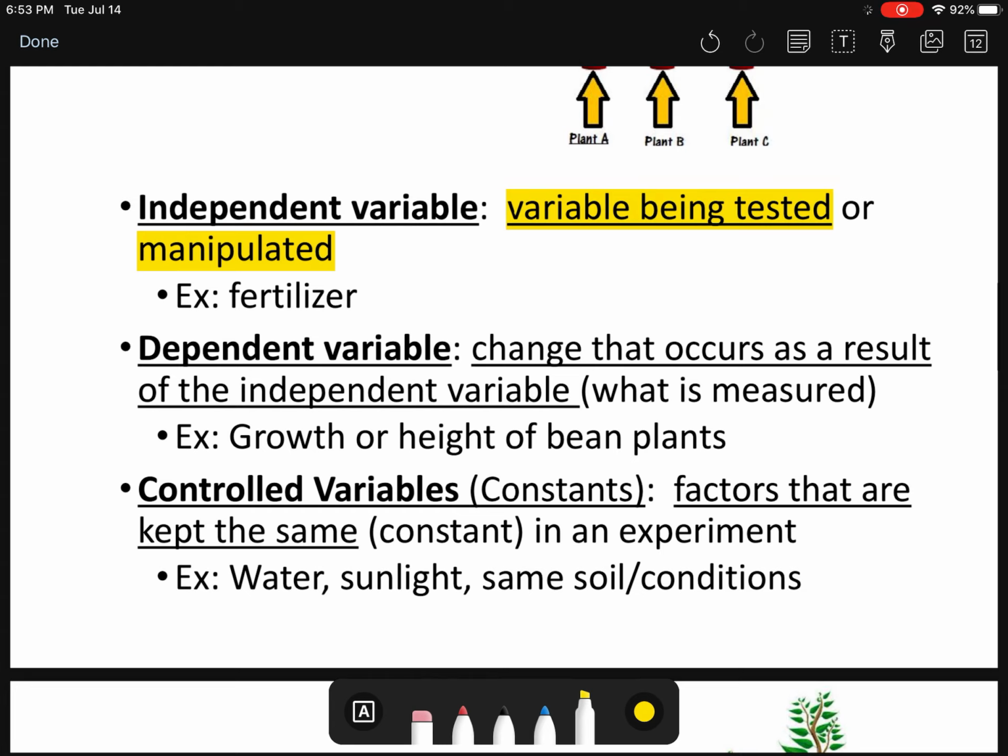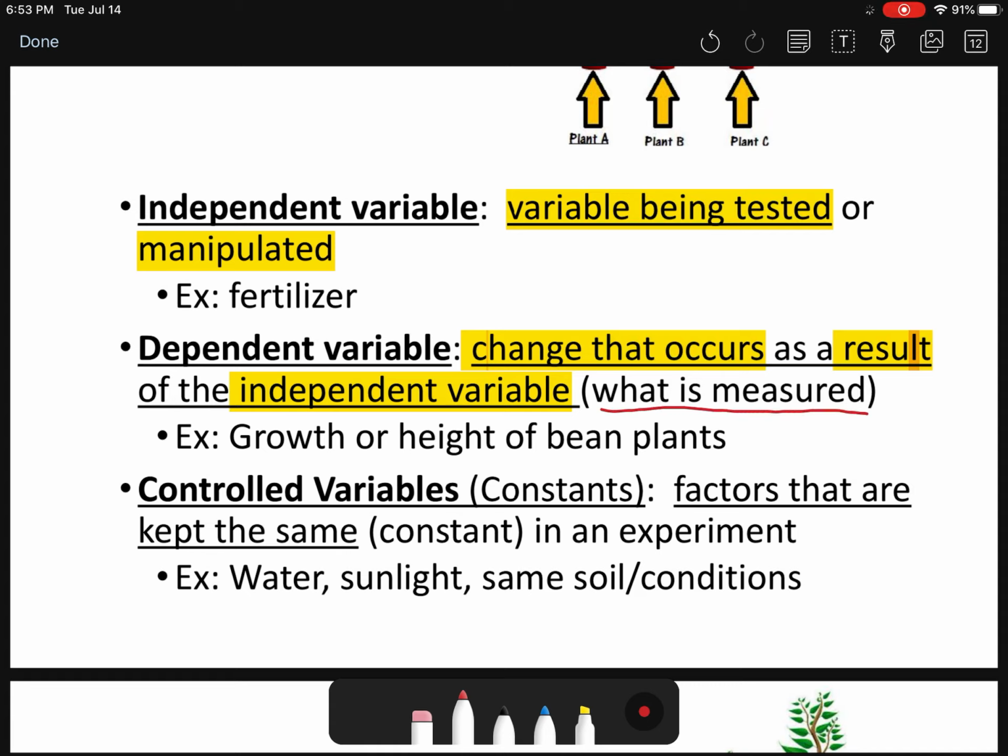Your dependent variable is the change that occurs as a result of the independent variable, okay? So whatever you're changing up here with the independent variable, what you're going to be looking for then with the dependent variable is how does that affect it? You know, what kind of result will you have? And really, what we're looking for is what is measured in the experiment.